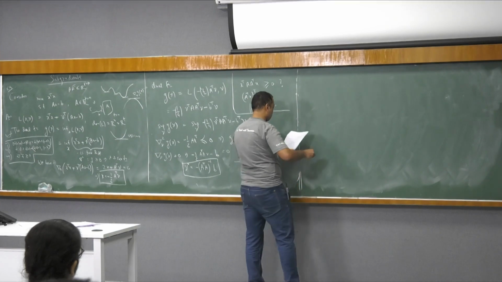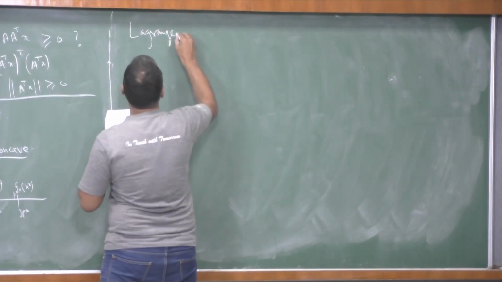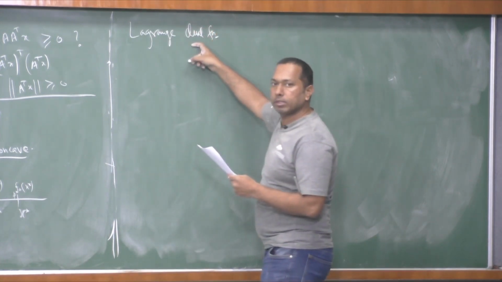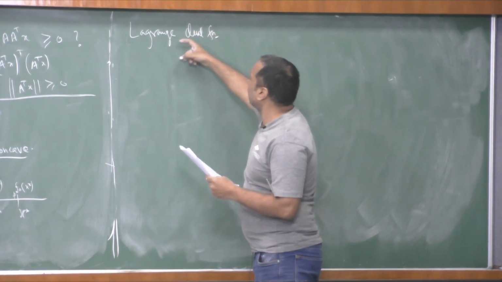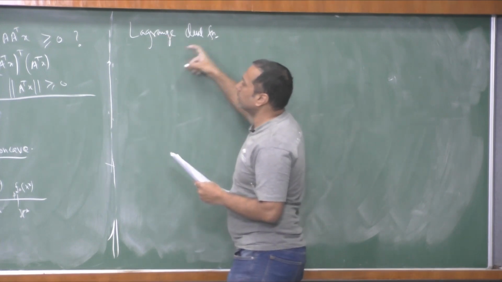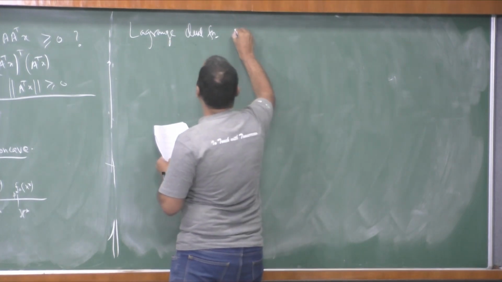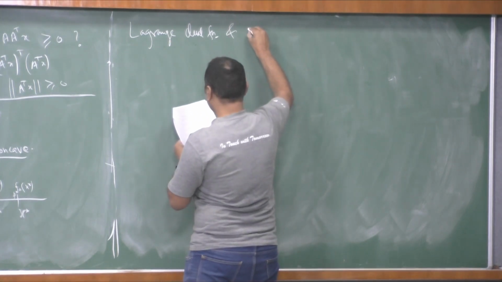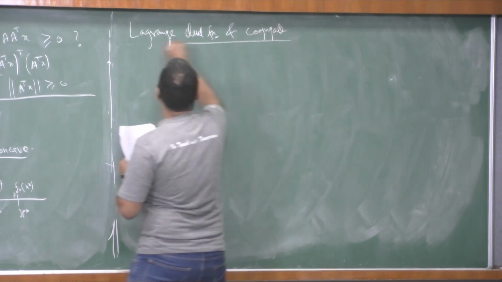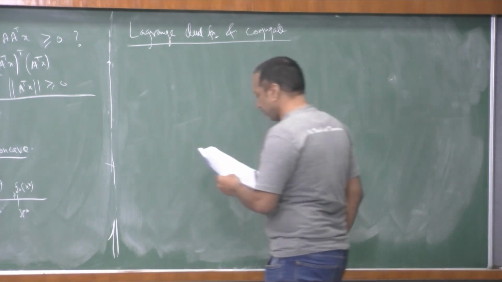Recall that the Lagrange dual function is g, and the Lagrangian is just L, so you should not get confused. The Lagrange dual function is g, and the Lagrange function is L. Let us see how conjugates can help us in getting the dual.